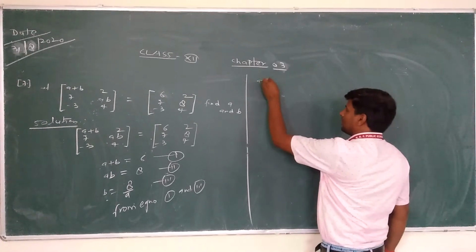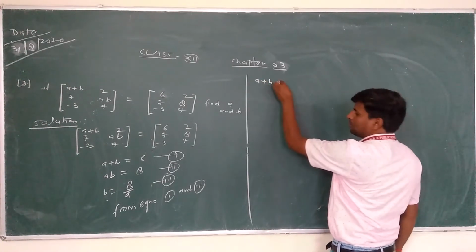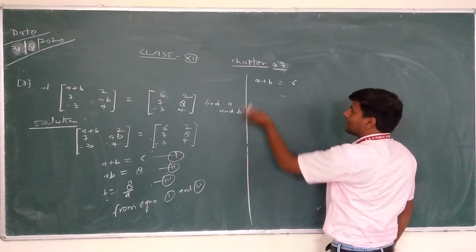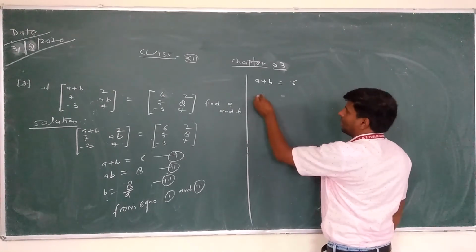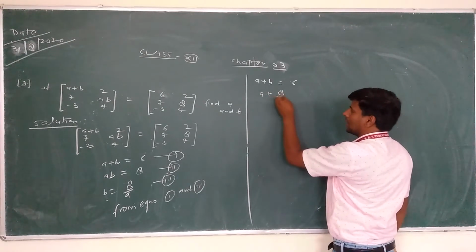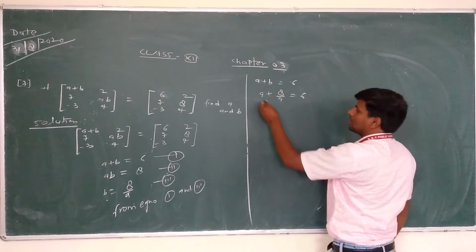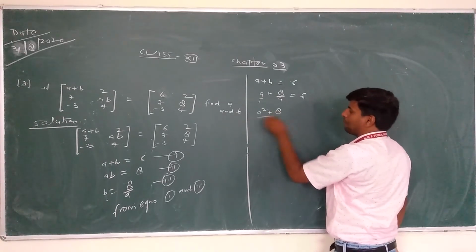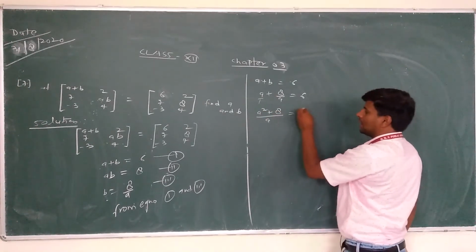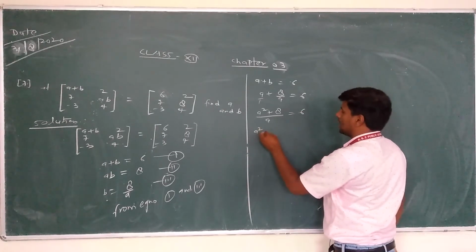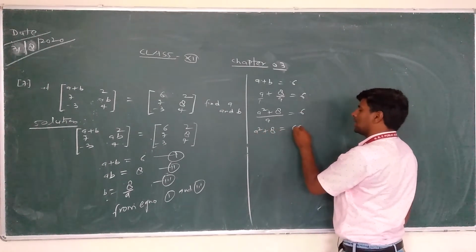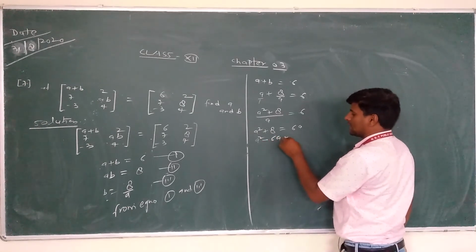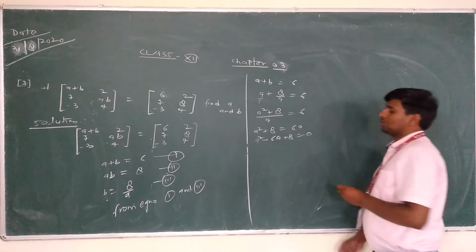First is given a plus b equal to 6, right? We can replace the value of b, that is a plus 8 by a equal to 6. By taking LCM, a square plus 8 by a equal to 6. So a square plus 8 equal to 6a. So a square minus 6a plus 8 equal to 0.